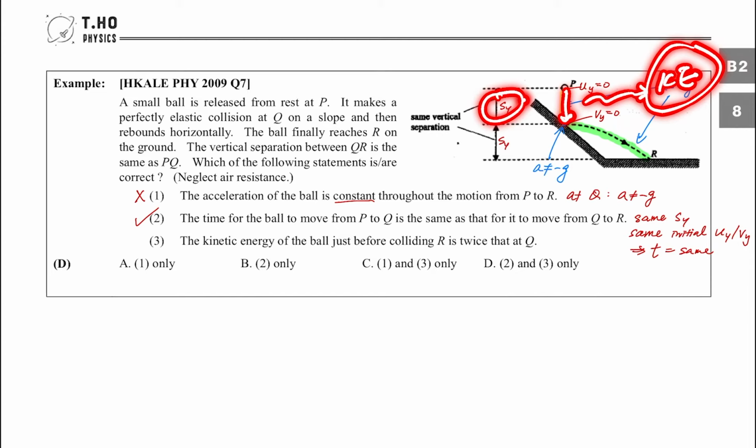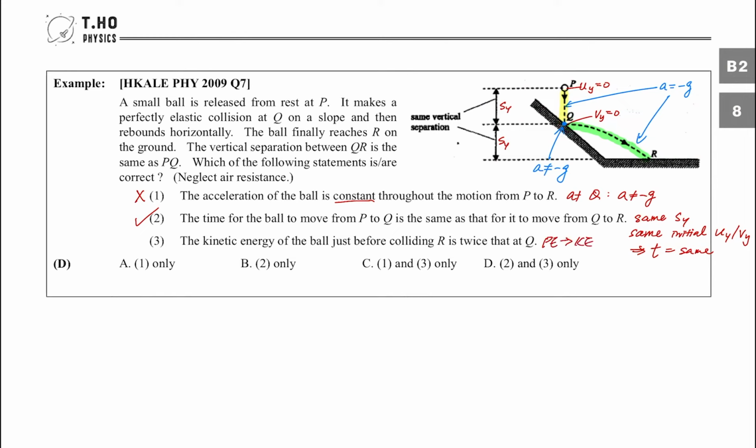And then when the ball goes to R, the KE comes from the drop through a distance of sy. We have another portion of KE. So at the end, when it hits R, it has a total of 2 portions of KE. So it is twice the amount of KE at Q, because PE is converted to KE in this case.